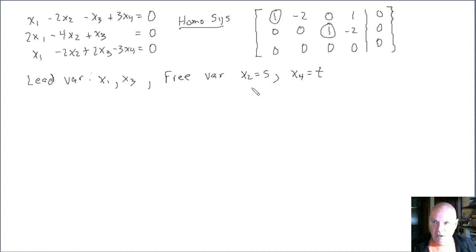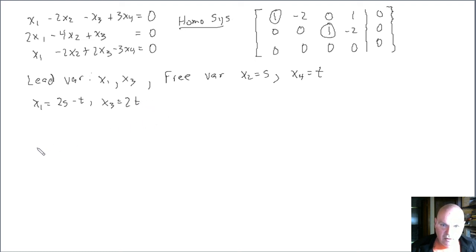Then I can solve for the lead variables in terms of my free variables. Now I've got a 0 over here, so the corresponding equation is x1 minus 2s plus t. Solving that for x1, I'll get 2s minus t, and similarly for x3, from this equation x3 minus 2t is equal to 0, so x3 is going to be equal to 2t.